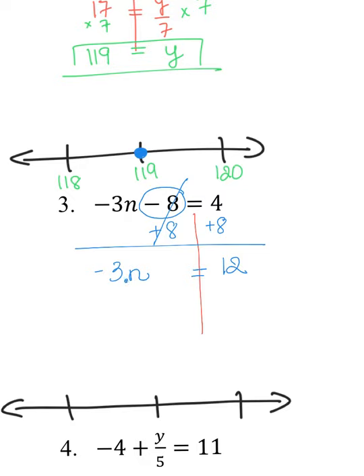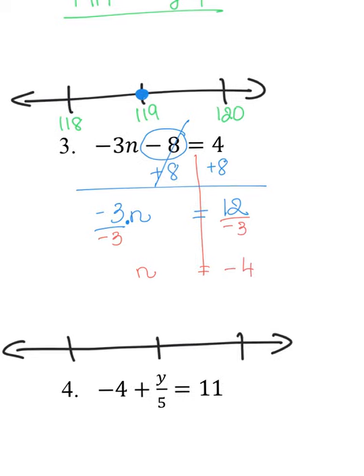What is the inverse of multiplication? Division. Guys, but make sure that you divide by negative 3. I want n by itself. If you divide by 3, you still are left with a negative. But if I divide by negative 3, I only have n left. So 12 divided by negative 3 is negative 4.